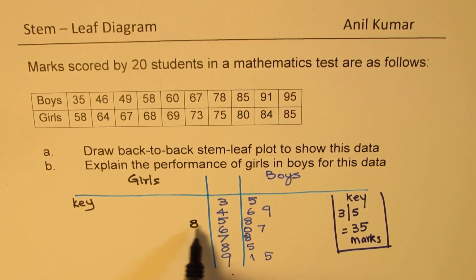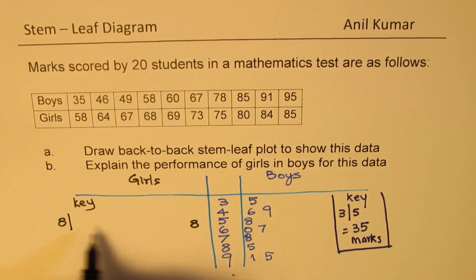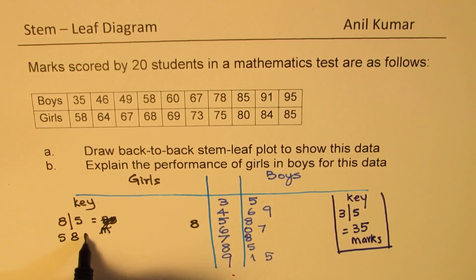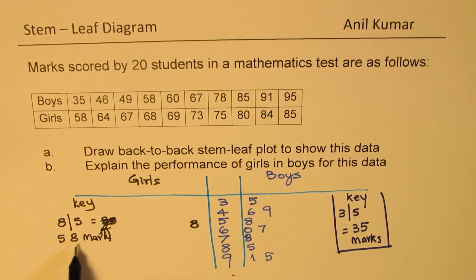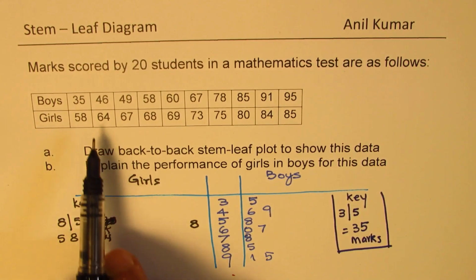So when you see, it is 8 bar 5. That really means 58 marks, not 85. It is the other way. So we are placing 5 in the stem, 8 in the leaf. So it is important to note that this 8 bar 5 means 58 marks, correct? So 58 has been placed like this.